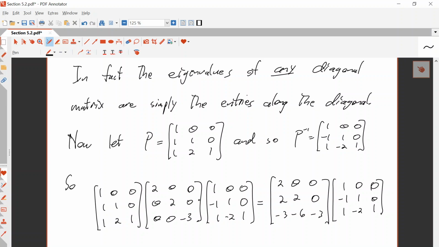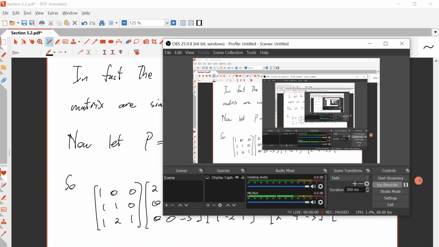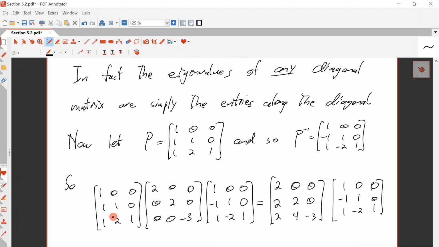Third row, first column: 2 plus 0 plus 0, 0 plus 4 plus 0, 0 plus 0 minus 3. Okay, so that's correct now. We multiply the diagonal matrix on the right, and therefore it scales the columns. So 2, 2, 2, 0, 2, 4, 0, 0, minus 3.